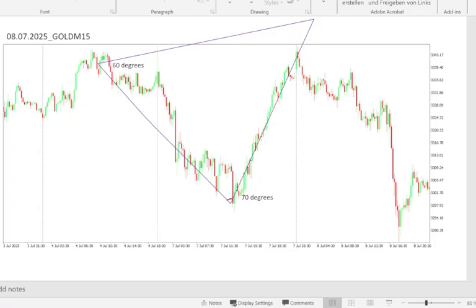In the next example, this looks a little bit different. Based on the assumption that alpha and beta together make 120 degrees, I had to prolong this triangle a little bit upward. And as you can see on this chart, the price didn't reach this point here.